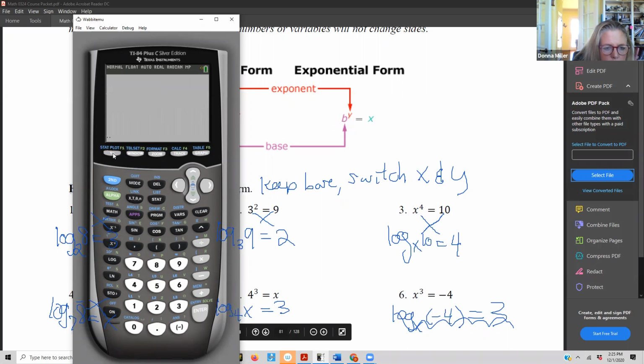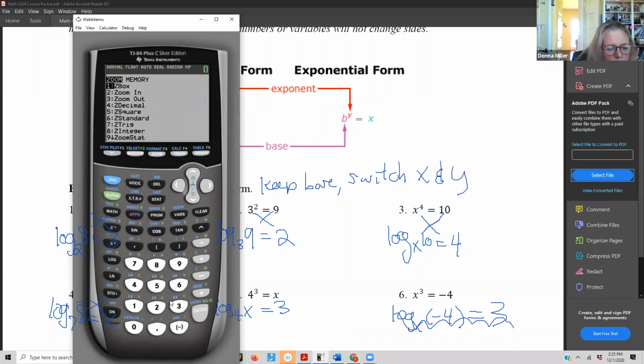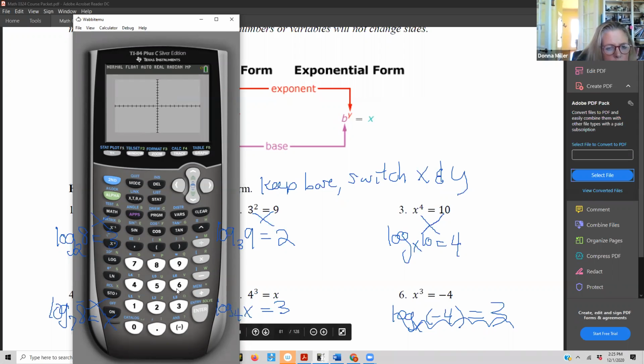Let me just go wipe this. So I'm going to type x cubed is negative 4. If I graph this, you should be able to see. Let me get an intersection here. Hopefully you'll see a solution.